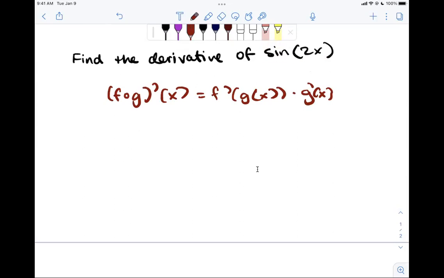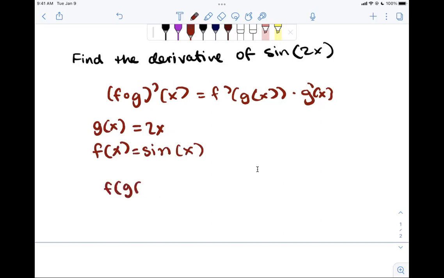So we want g of x equal to 2x, and f of x equal to sine of x. We can check that the composition works as we want it to. f of g of x is f of 2x, because g of x is 2x. But what is f of something? f of something just takes the sine, so that's sine 2x. So it's exactly what we want.